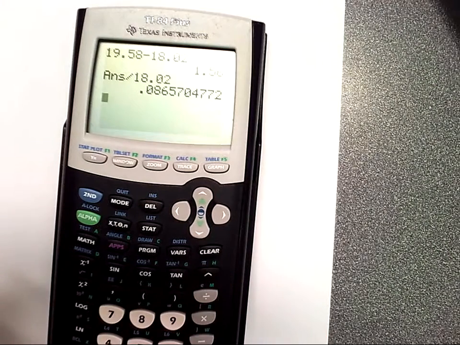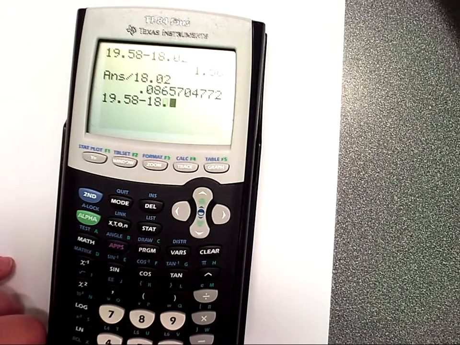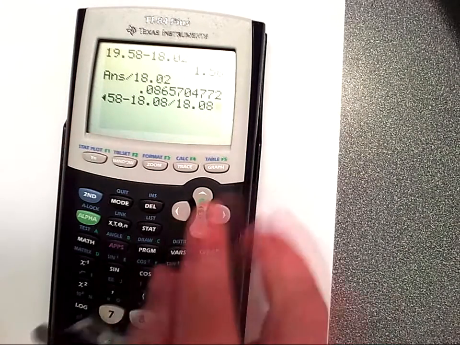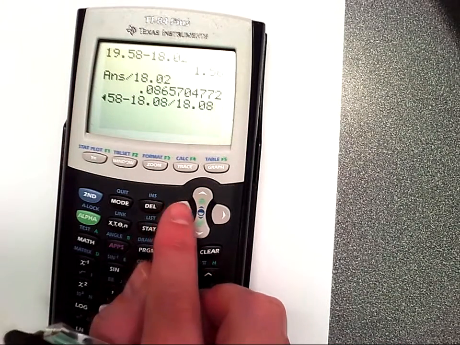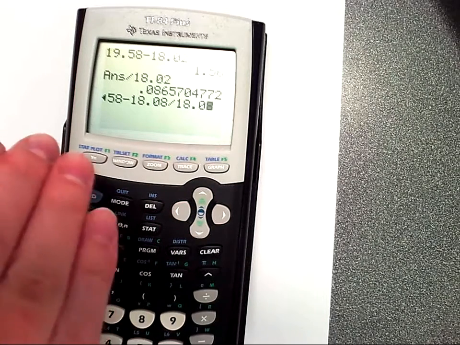If I don't do the parentheses in the numerator and I just say 19.58 minus 18.02 divided by 18.02, what am I actually calculating with this?